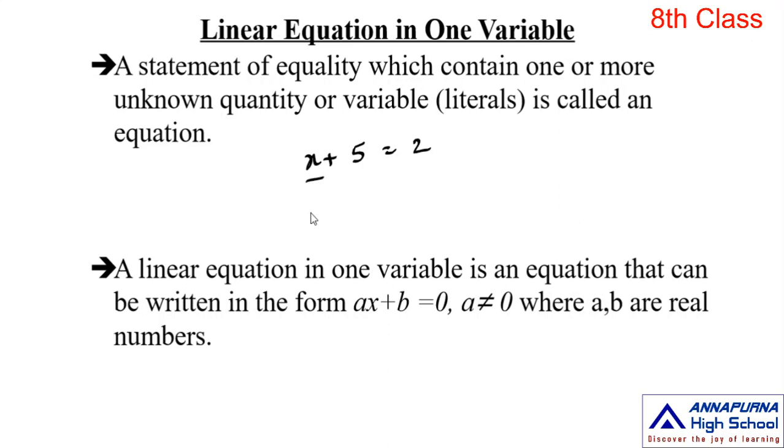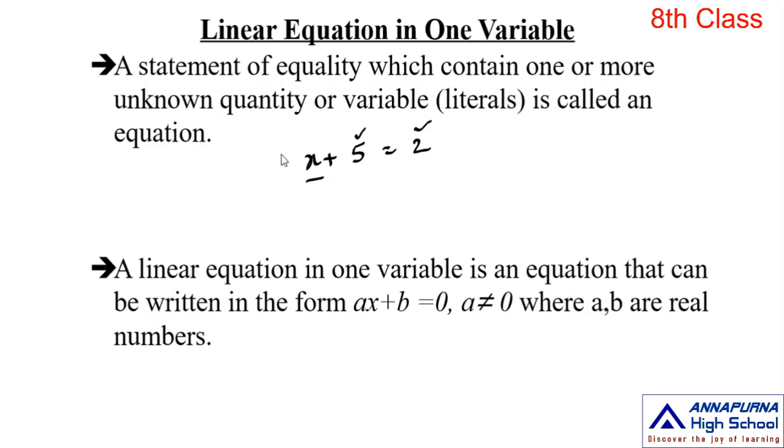Here x is the unknown quantity. Why? Because in this mathematical statement, 5 is a constant, it has a fixed value, and 2 is also a constant, it has a fixed value. But what about this x? X is a literal, it represents an unknown quantity.